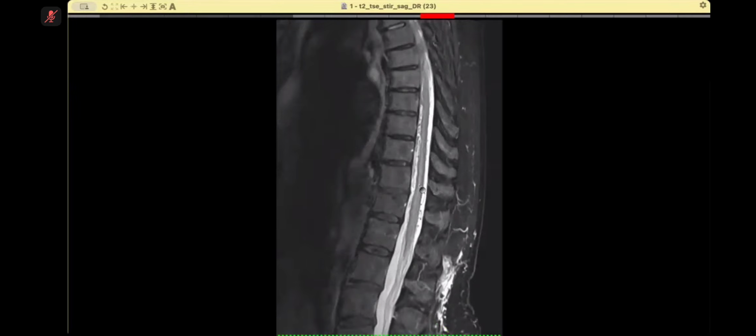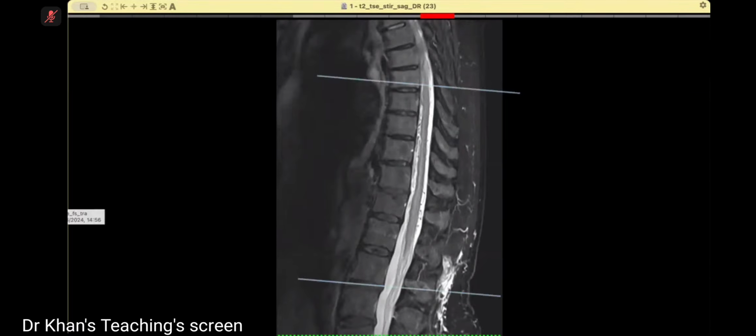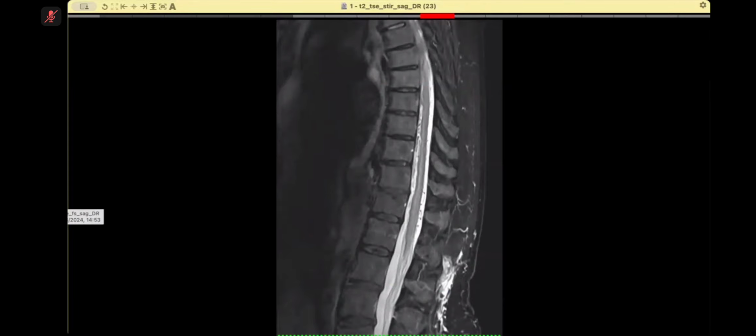to the cord signal? There is a normal T2 hyperintense signal within the cord as well. So how can you explain that? There could be associated myelopathy going on because of this fistula. Which kind of myelopathy? It's likely secondary to ischemic changes because there could be vascular compromise.